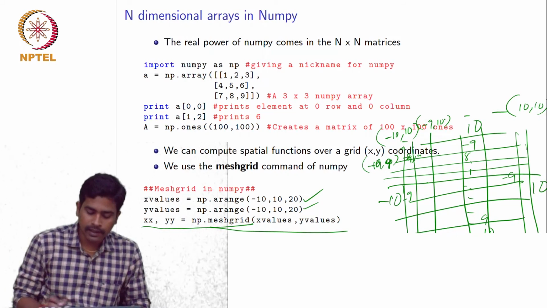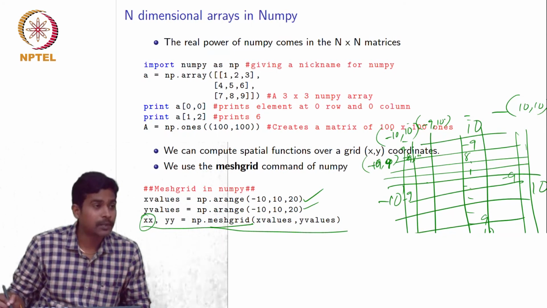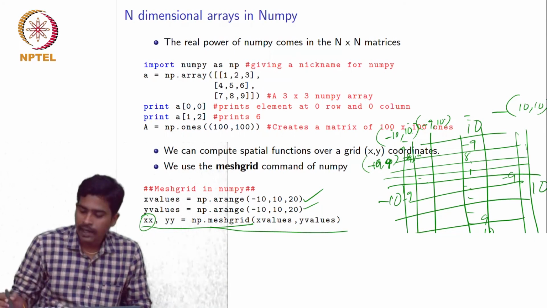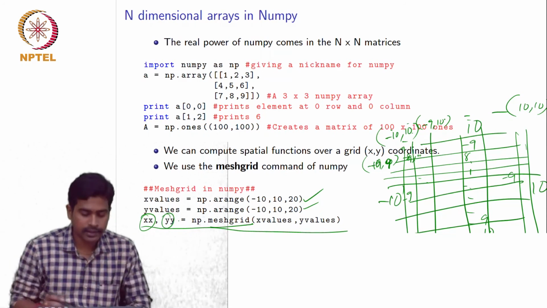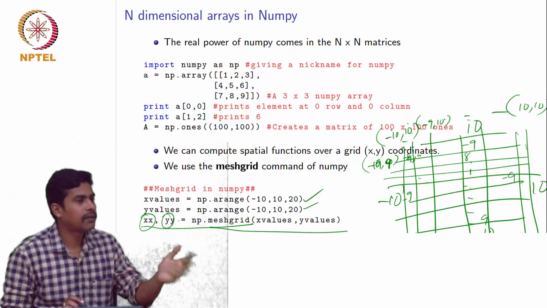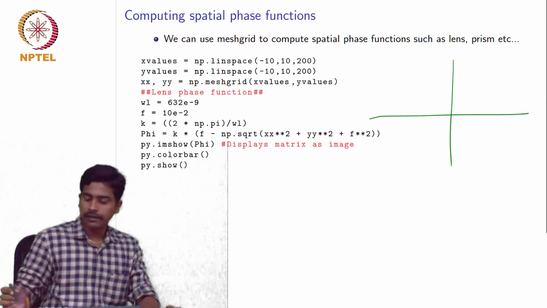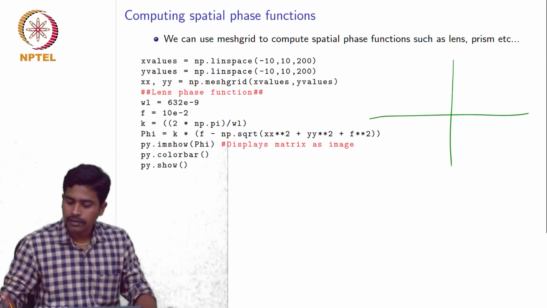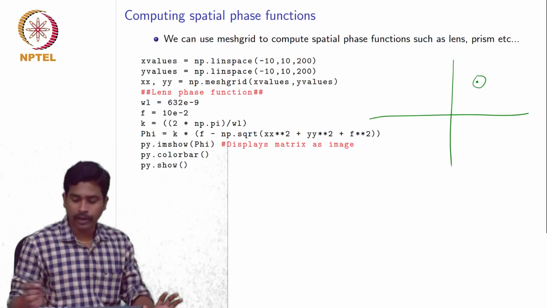What this mesh grid command will do is take all the x coordinates from these points and store them in xx, and take all the y coordinates from these points and store them in yy. For example, if you want to calculate the lens function, you can convert xx and yy into radial coordinates.